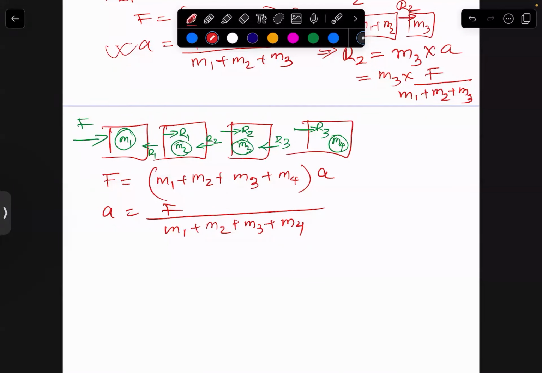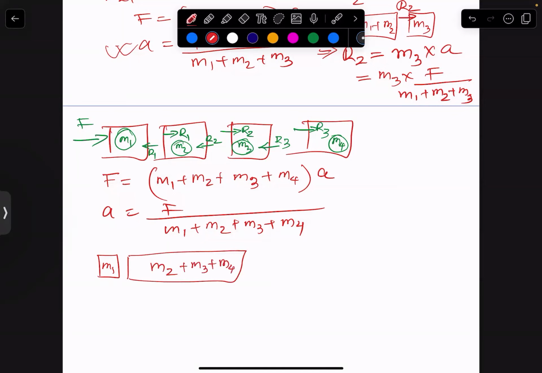Now R1 is going to push what all blocks? So M1 is here, and M2 plus M3 plus M4 is taken together, and R1 is going to push M2 plus M3 plus M4, and it will be going at an acceleration A. So R1 equal to M2 plus M3 plus M4 times A. So how to find A?